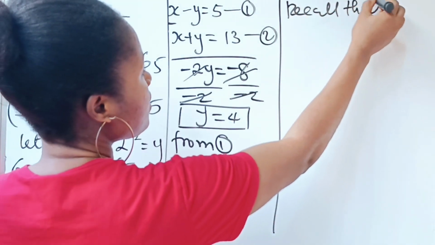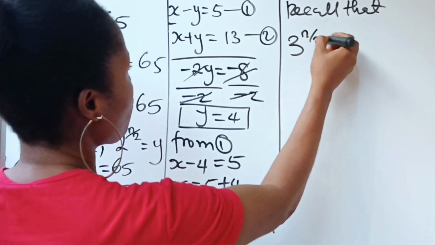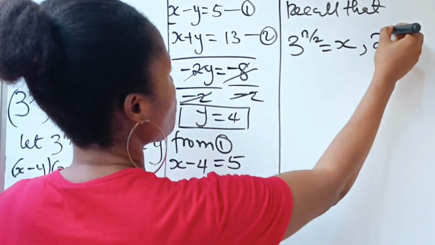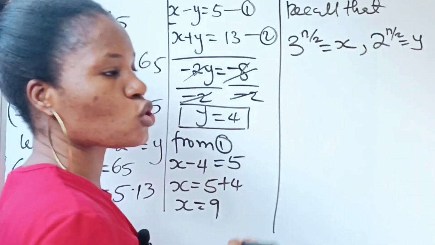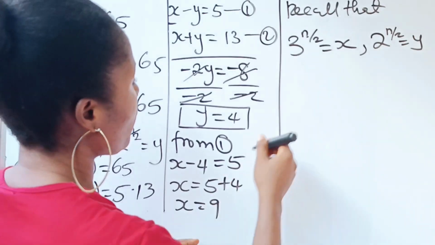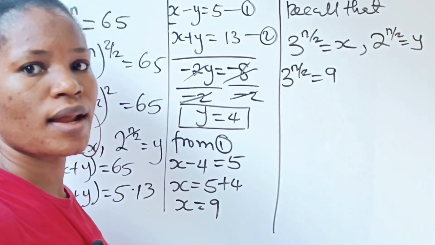Now recall that we said let 3 to the power of n over 2 be equal to x, and 2 to the power of n over 2 be equal to y. That is all we said. So since our x is equal to 9, we can write that 3 to the power of n over 2 is equal to 9.